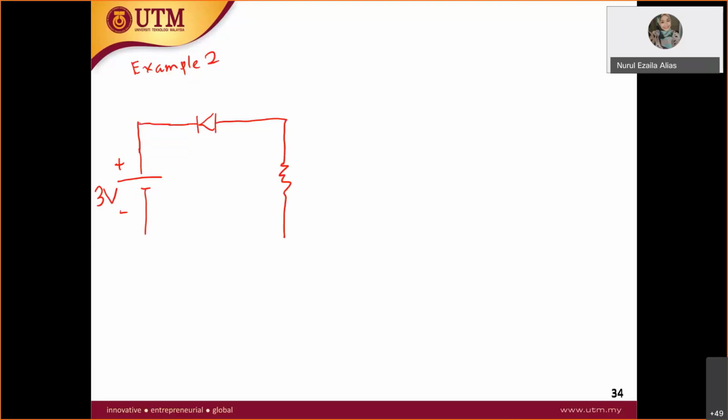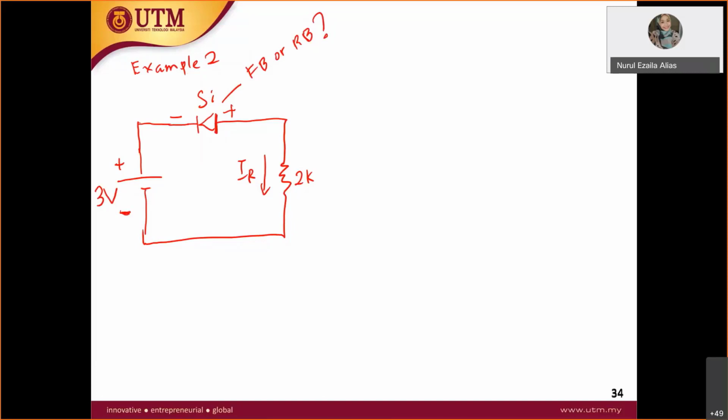So it is a silicon diode with a 2K resistor, and this is the current IR. So this is the question. Now you need to define whether this diode is forward bias or reverse bias. This is the anode, the plus, and this is the cathode. Now the anode here is connected to this negative.